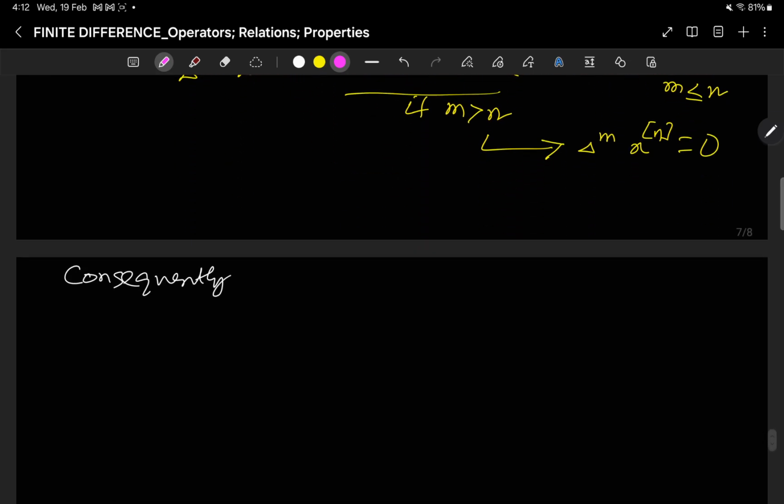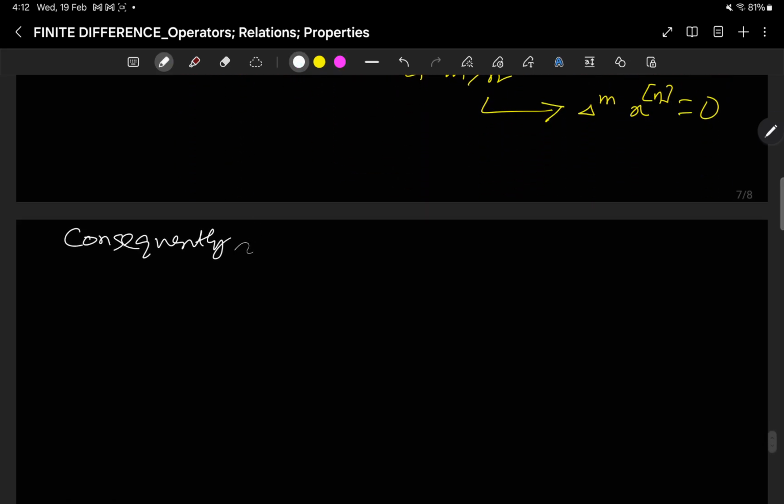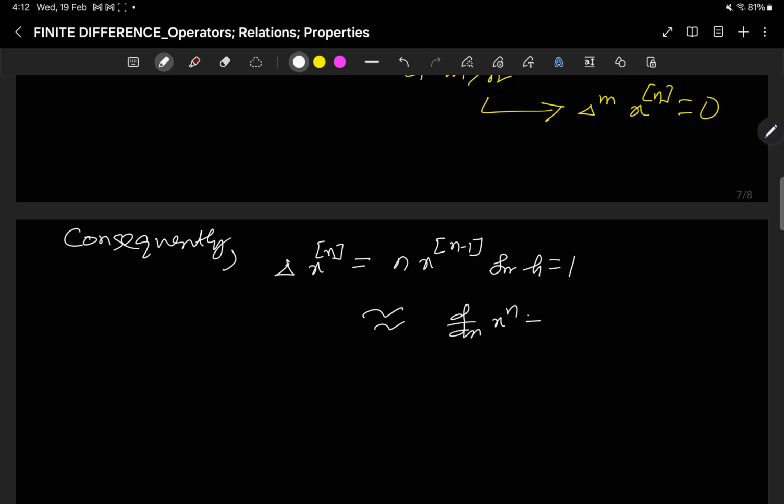So it resembles your simple derivative formula. So we can say that Δ of the factorial polynomial x factorial power n is n x factorial power n minus 1 for h equal to 1. Is it not a resemblance to d by dx of x to the power n, which is n into x to the power n minus 1?